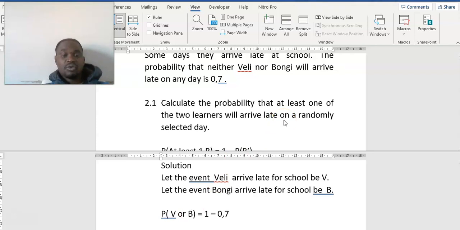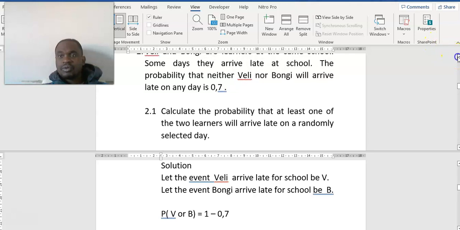At least means one or more, so both of them can also be included. So the event that Valley comes late or Bongani comes late, or both of them come late, is going to be 1 minus the event that both of them don't come late.